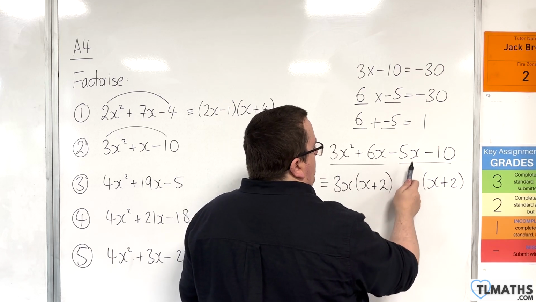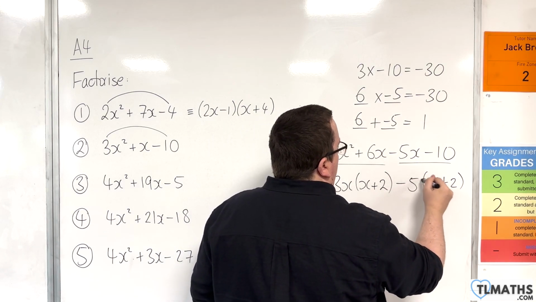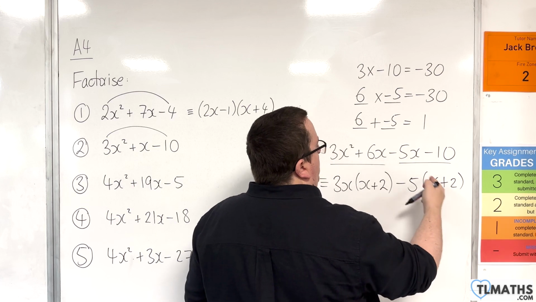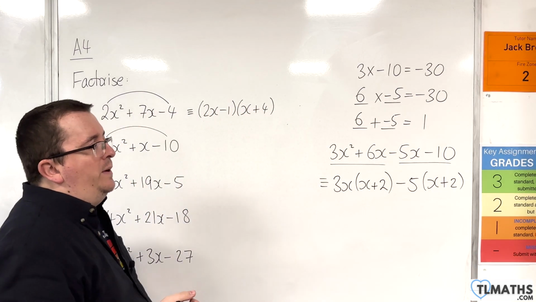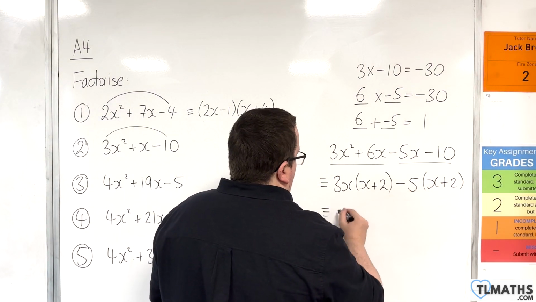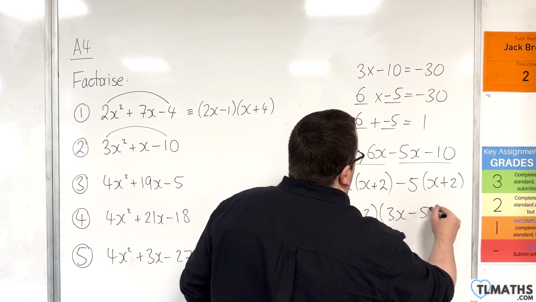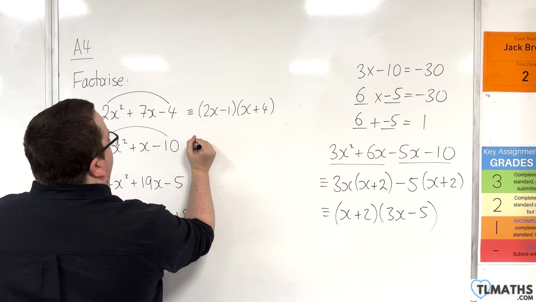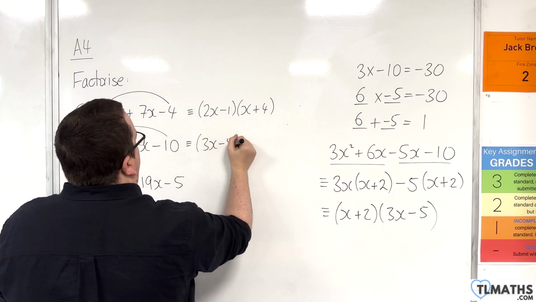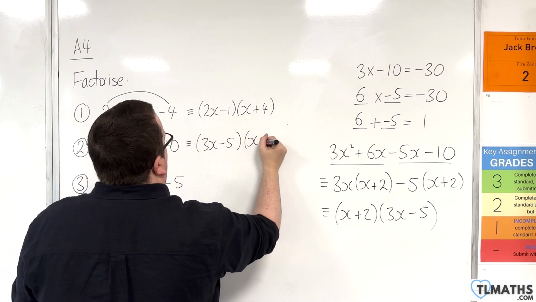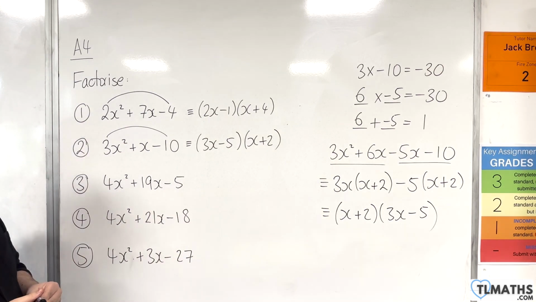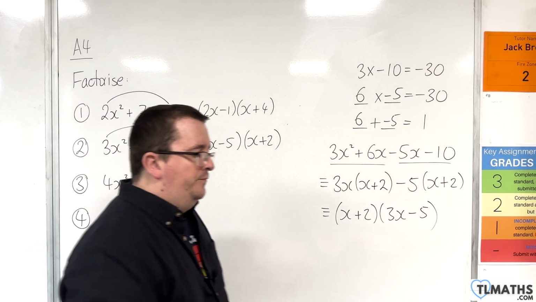So on the outside, well, we'd have to have minus 5. Minus 5 lots of x, minus 5 lots of 2 gets us the minus 5x take away 10. So we've got the x plus 2, 3x take away 5. Okay, and that's our second one.